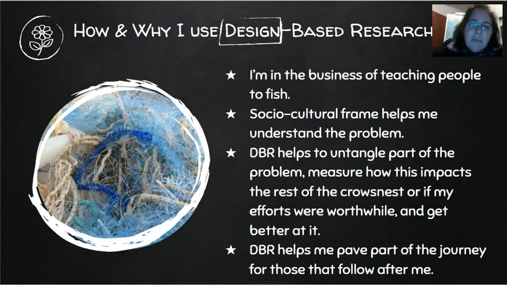So this beautiful little picture on the slide on the left is a picture of some fishing line and nets that have been horribly tangled. You can see some dark blue nets and some light blue nets and some rope, and you can see it's a crow's nest. It really is.